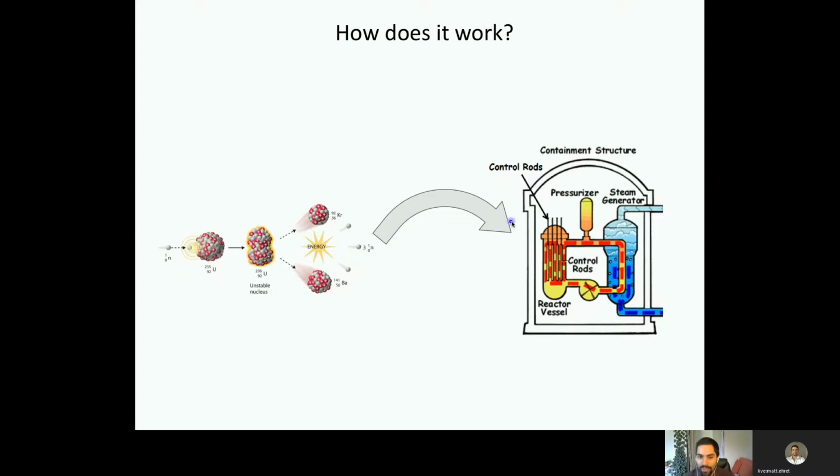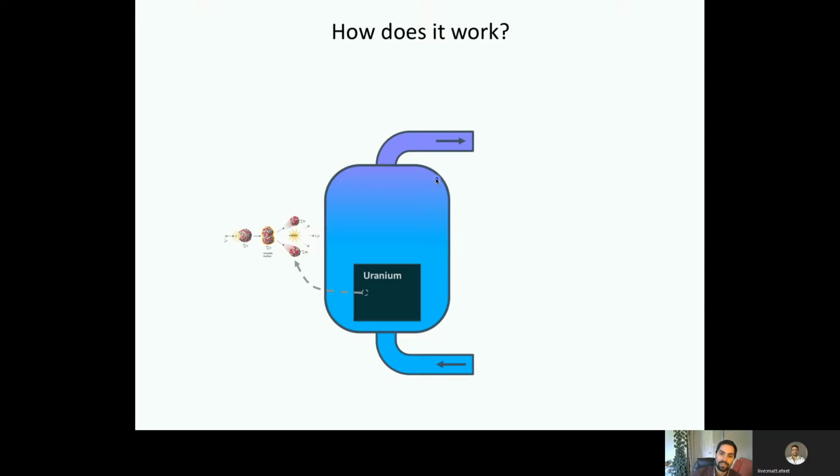Okay, so how do we go about it? Let's say you're given the task of boiling water with uranium. So we're going to do it in a very simple way. We're going to take a big tank of water and put inside a big block of uranium.